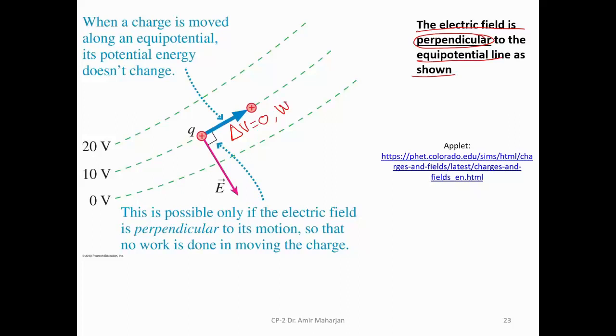So no work will be done in moving a charged particle along the given equipotential line. So there's no parallel component of the electric field. There shouldn't be any electric field along this equipotential line. So the electric field must be perpendicular to the line. There will be only a perpendicular component.